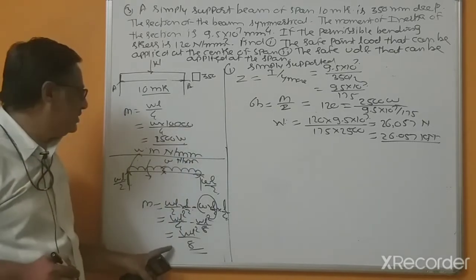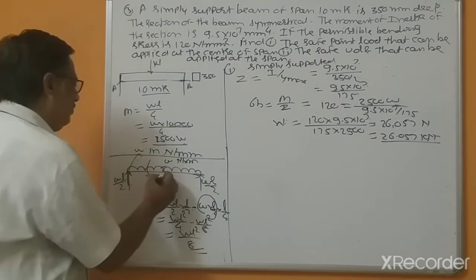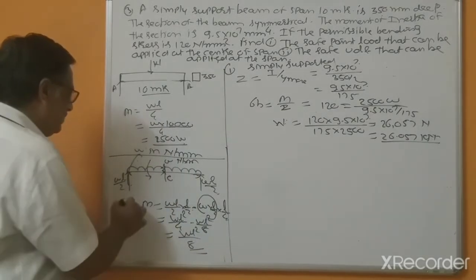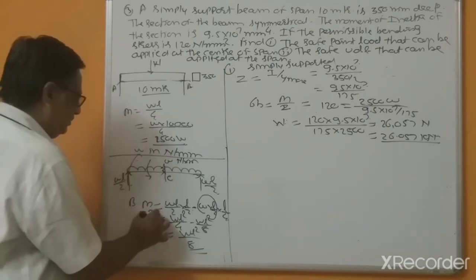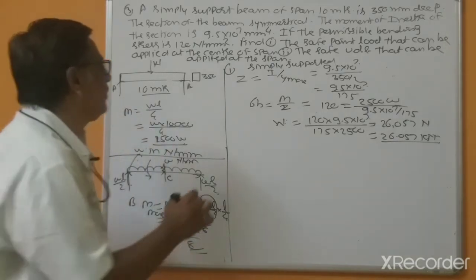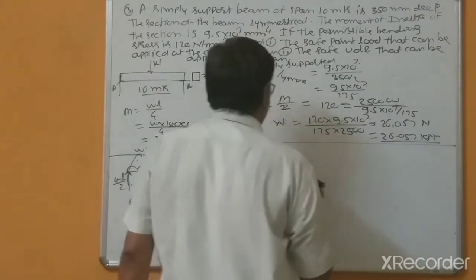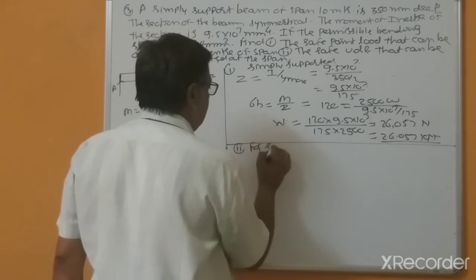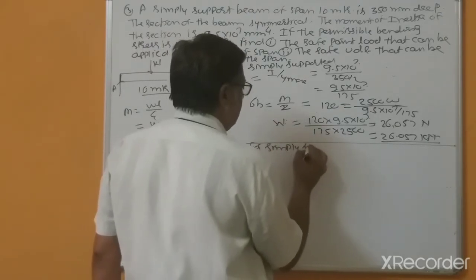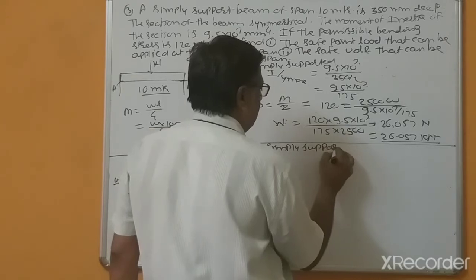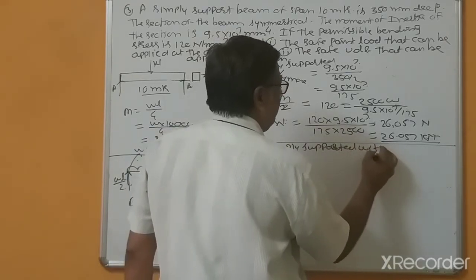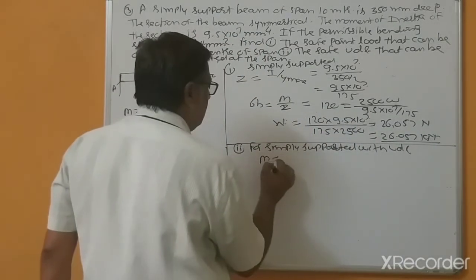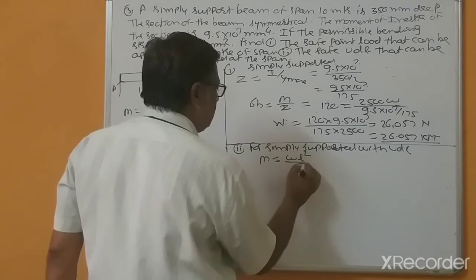So try to understand this. We calculate this because here you will get the maximum bending moment, and this is equal to M. So for simply supported with UDL, M equal to WL squared divided by 8.